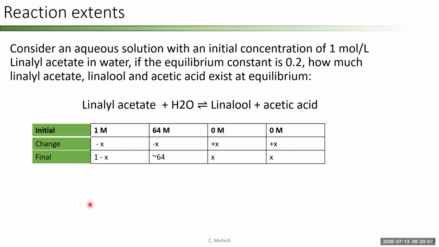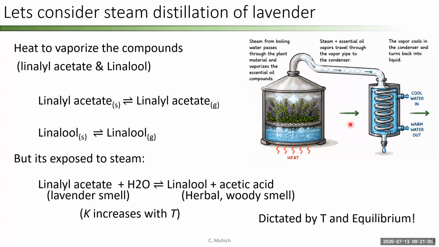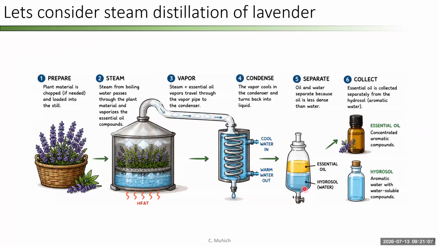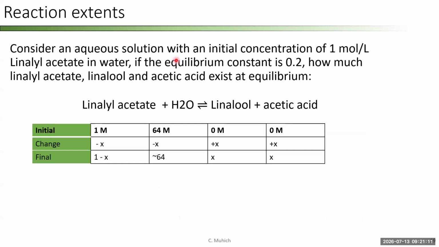So let's actually try to quantify some of this. Let's consider that we've gone through, we've collected our essential oil and the hydrosol. And we initially in that hydrosol have 1 mole per liter of linalool acetate in that hydrosol.